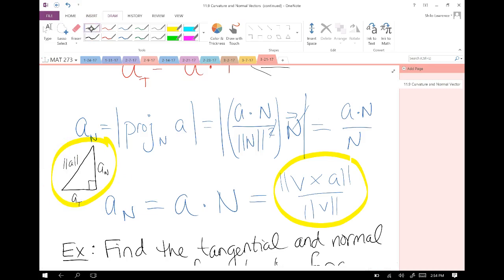If we actually write that out, a sub n is going to be the square root of the magnitude of a squared minus a sub t squared. It's just Pythagorean theorem solved for one of the legs. And we should get the same answer either way. Okay?